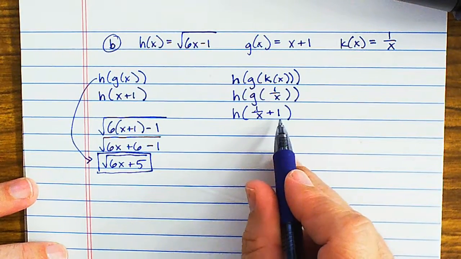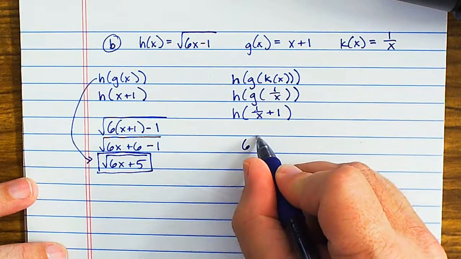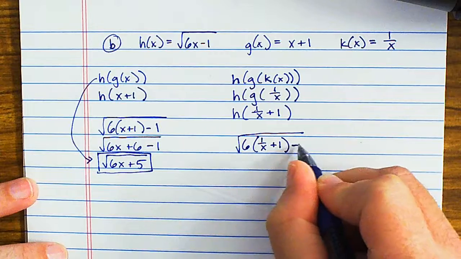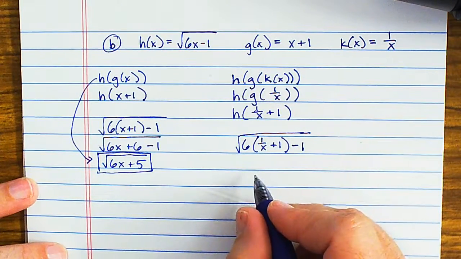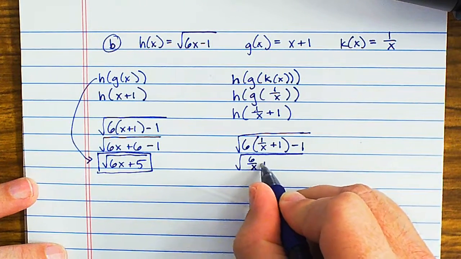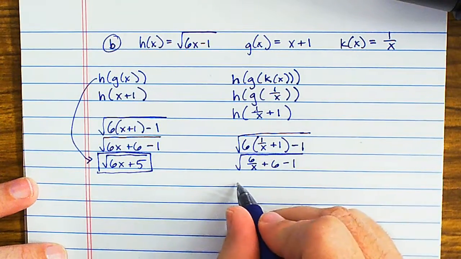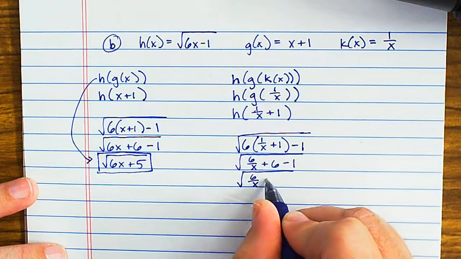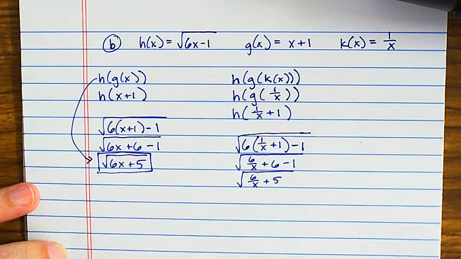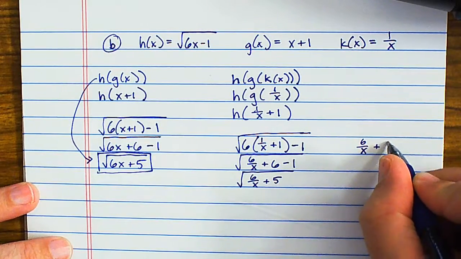And now we're going to put 1 over x plus 1 into the h function, which would be the square root of 6 times 1 over x plus 1, minus 1. Which if I distribute would be 6 over x plus 6, minus 1, which would be 6 over x plus 5.